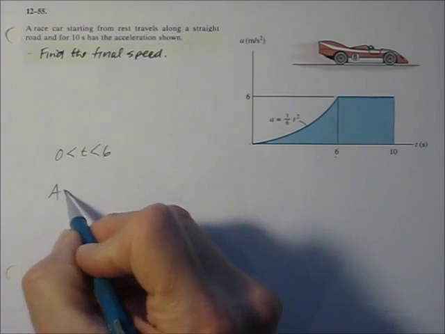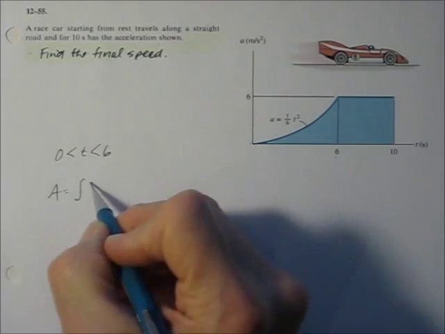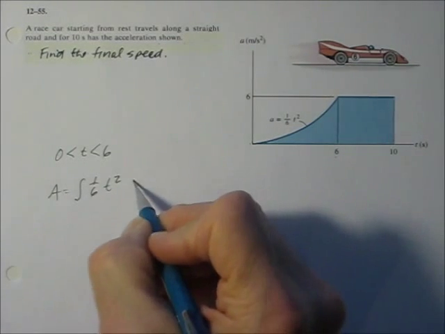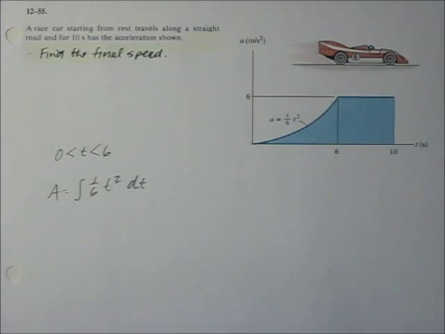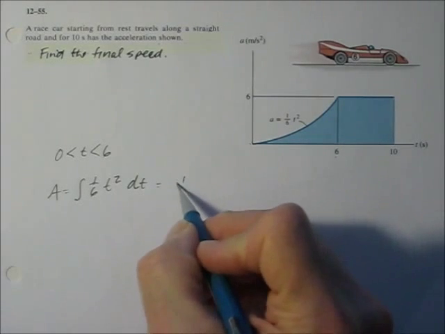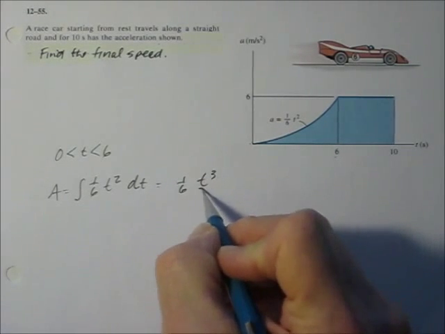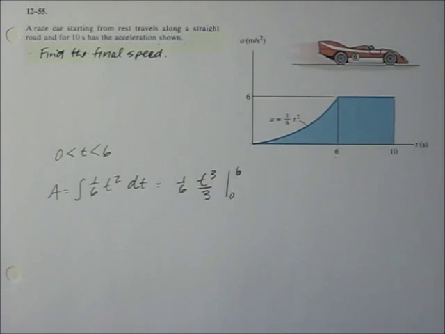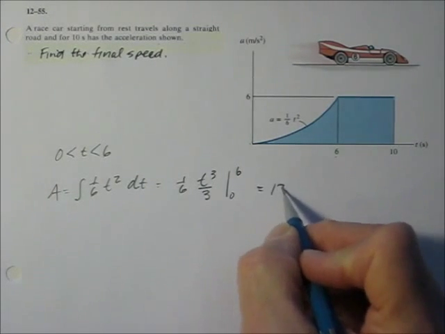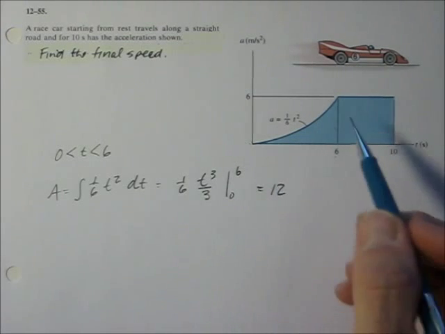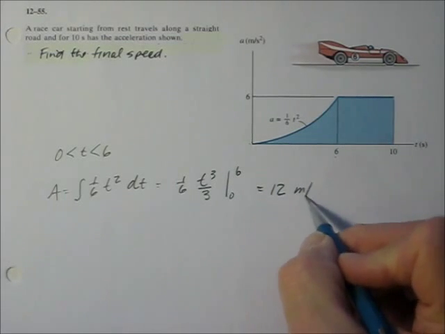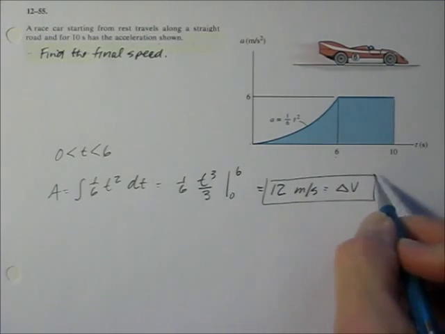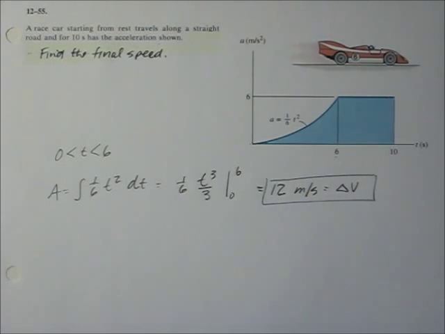So the area is going to be the integral of 1/6 t squared dt, and that's going to be equal to 1/6 t cubed over 3, evaluated from 0 to 6, and I can say that that is equal to 12. So that is in meters per second, so the change in velocity is going to be 12 meters per second between 0 and 6.